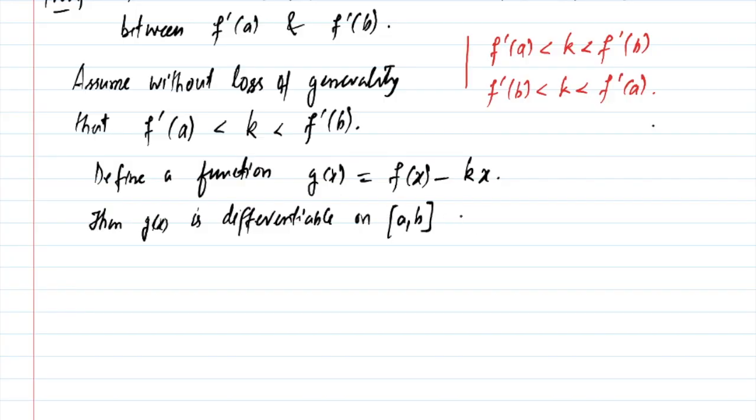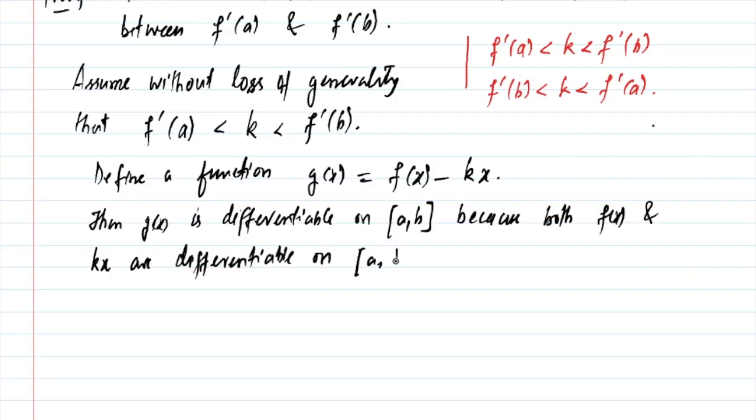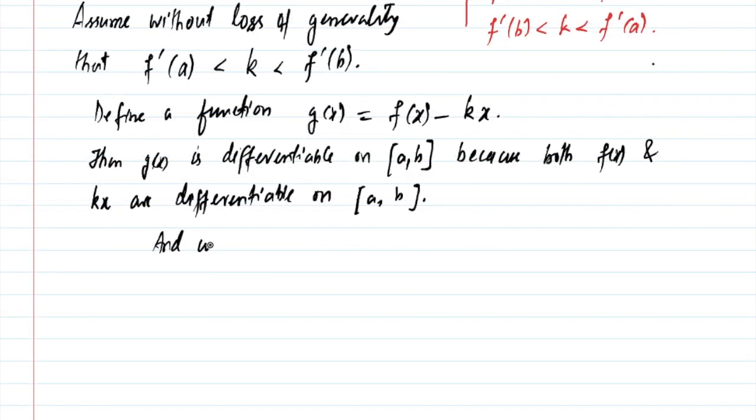The reason is that both f of x and the function kx are differentiable on the closed interval a comma b, and we have g dash of x is equal to f dash of x minus k.